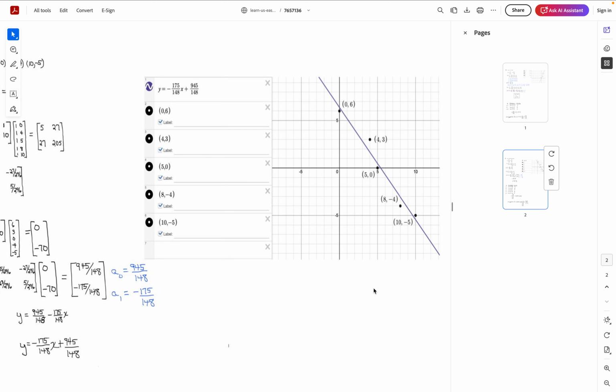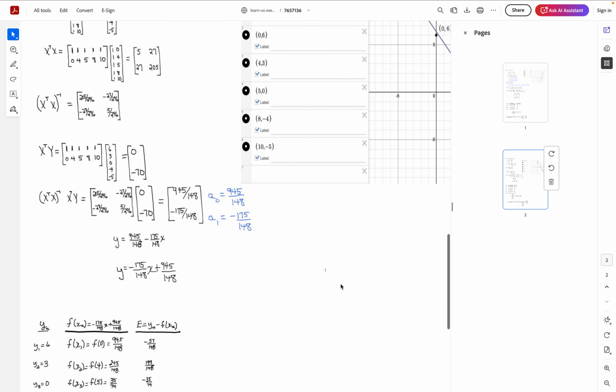Now it's not passing through any of the points, but there can be some situations where a line of best fit can run through some of the ordered pairs. This graph represents the line of best fit, and that is to minimize the collective error amount.